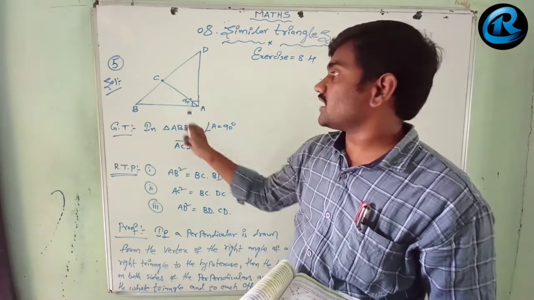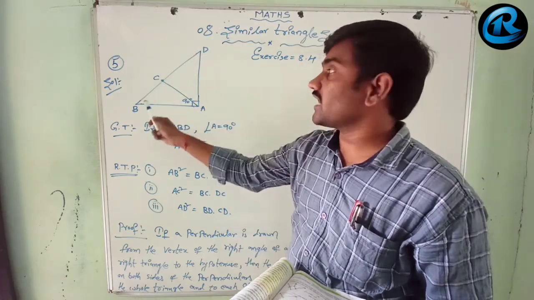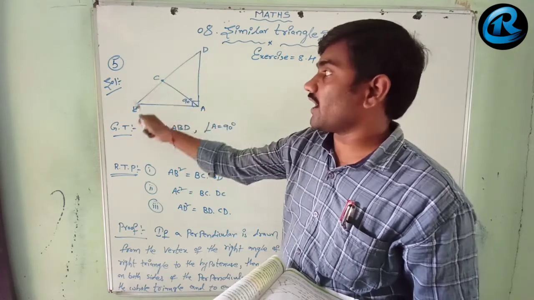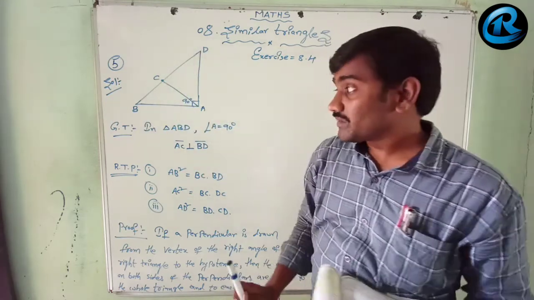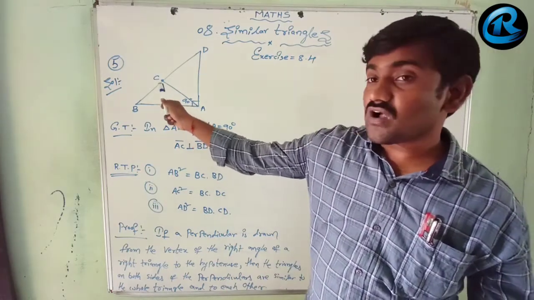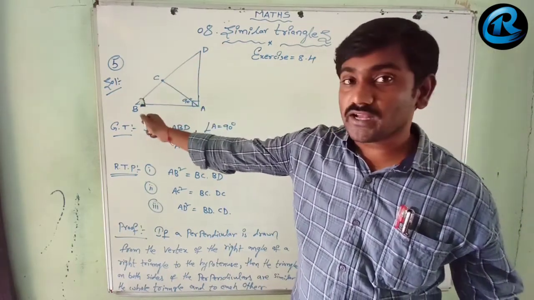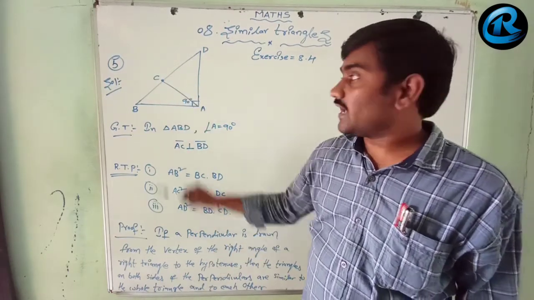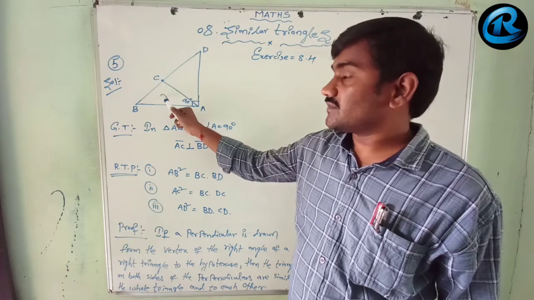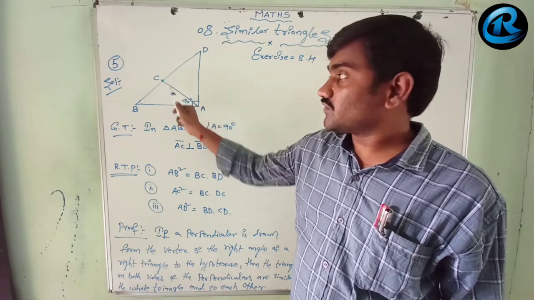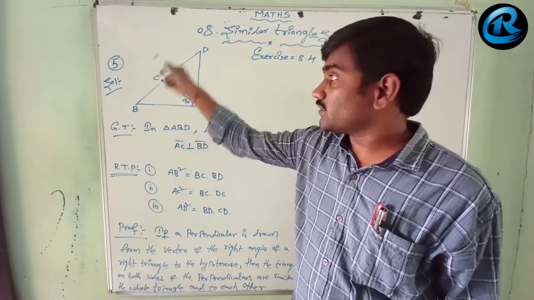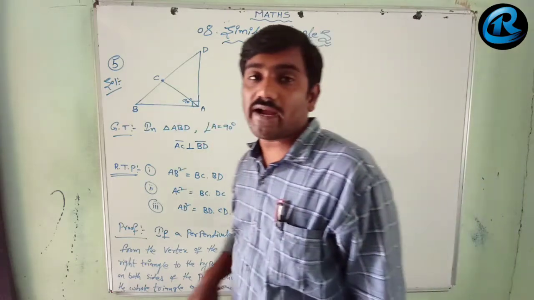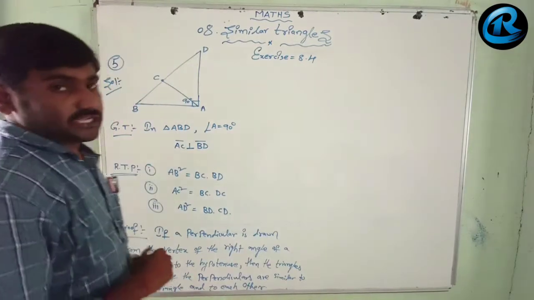And here AC is a perpendicular on the hypotenuse. So if a perpendicular is drawn on the hypotenuse from the right angle of a right angle triangle, then the two triangles on both the sides of this perpendicular are similar to the whole triangle and they are similar to each other also. That is what theorem 8.7 will explain to us.